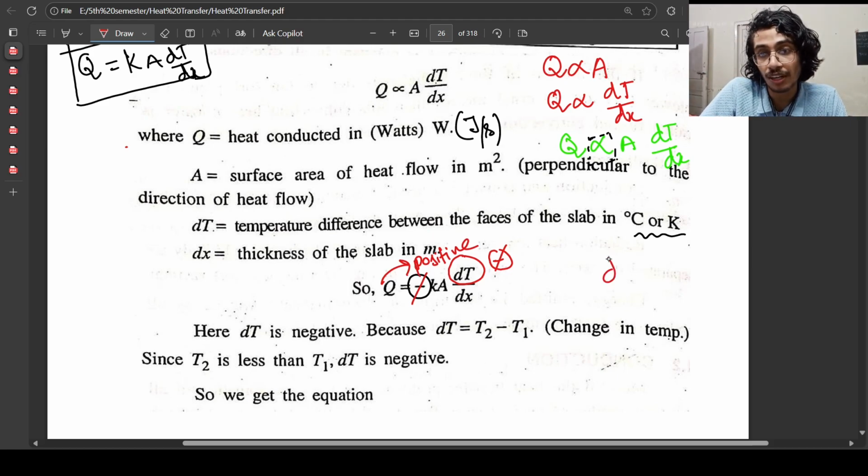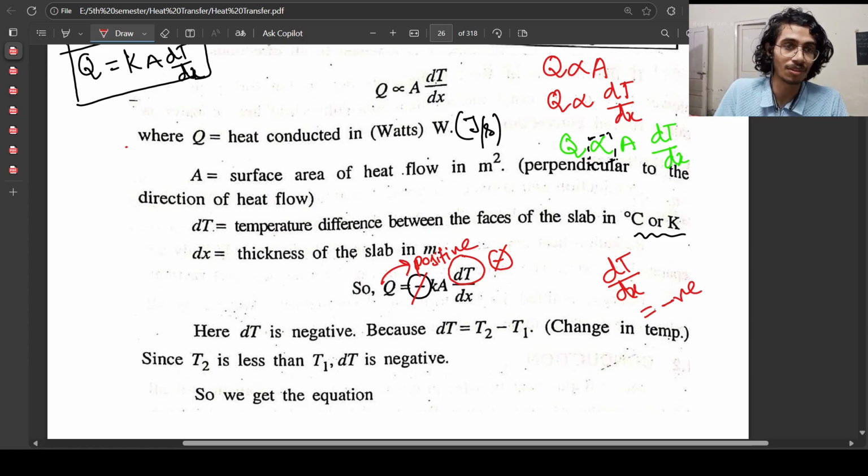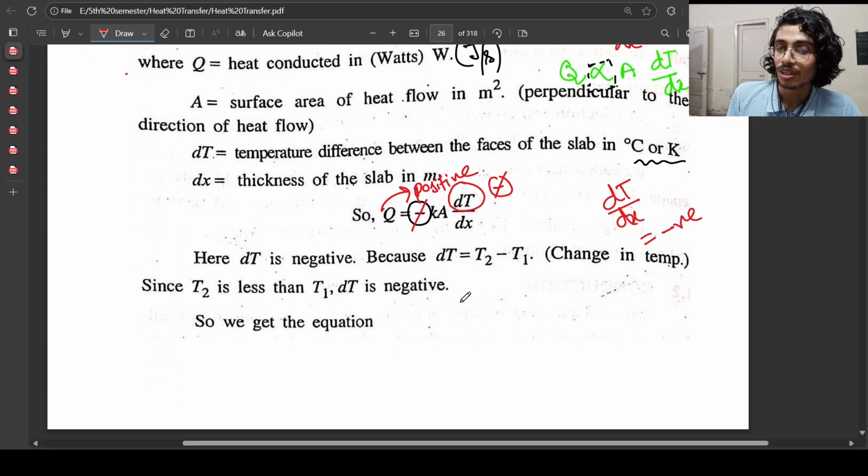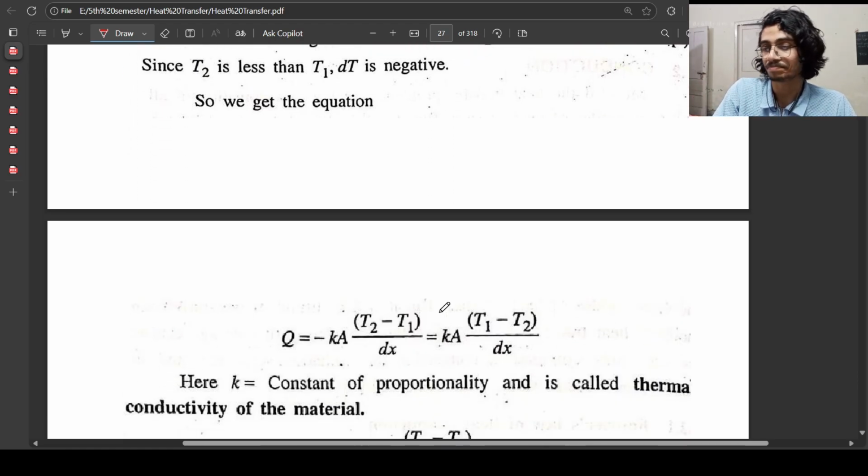But in the case of the temperature gradient dt over dx, in some questions you will be asked to find the temperature gradient. In those cases, you will find the temperature gradient is negative. Why? Because dt, T2 minus T1, is a negative number. So the temperature gradient is negative. That's okay. So here dt is negative, and that is the reason why it is done.